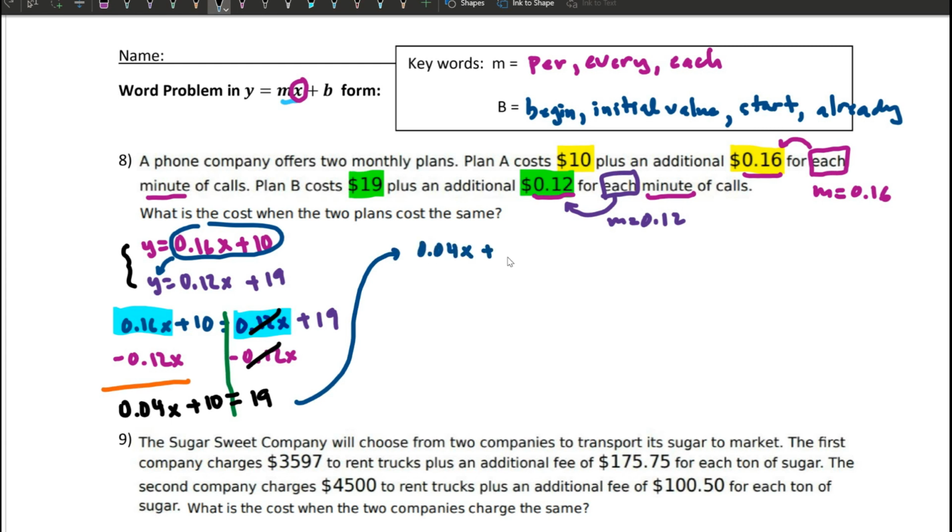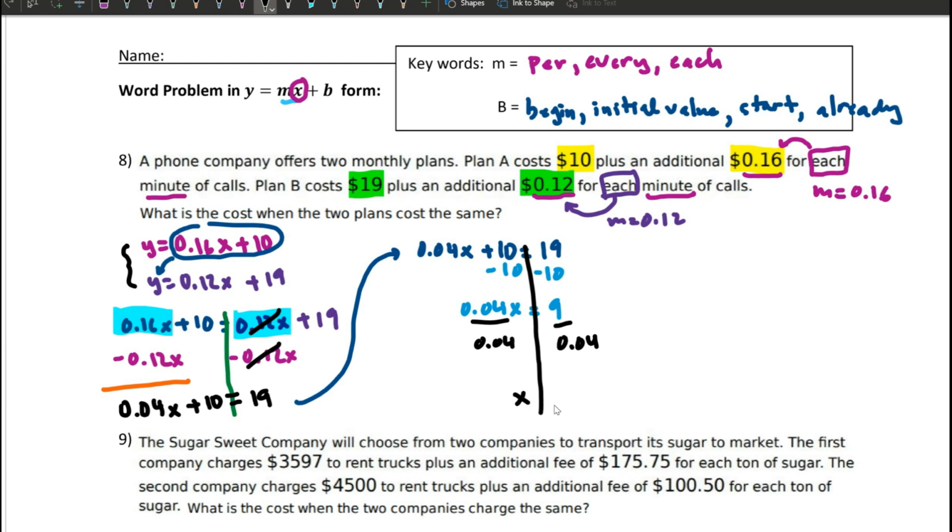0.04x plus 10 equal to 19. So continue solving for x. We're going to subtract 10 from both sides. That will give you 0.04x equal to 9. 19 minus 10 is 9. Then we divide both sides by 0.04.